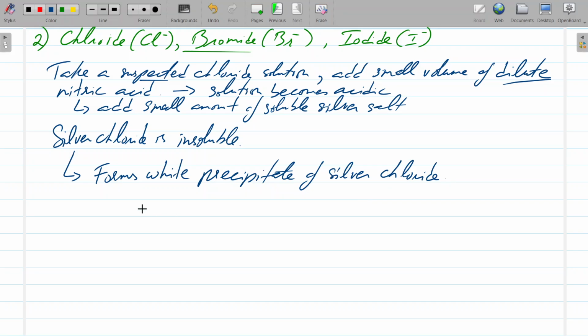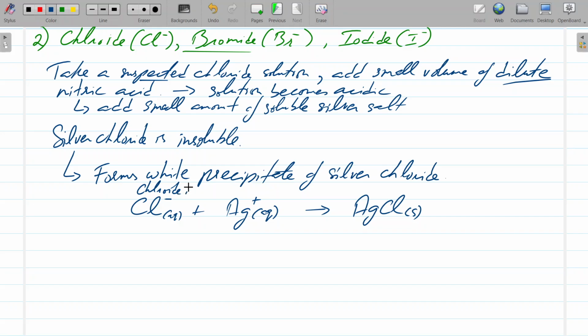The ionic equation: you've got chloride in your unknown, aqueous, and silver, also aqueous, and that's going to give you silver chloride, which is a precipitate. So chloride ion plus silver ion gives you silver chloride.